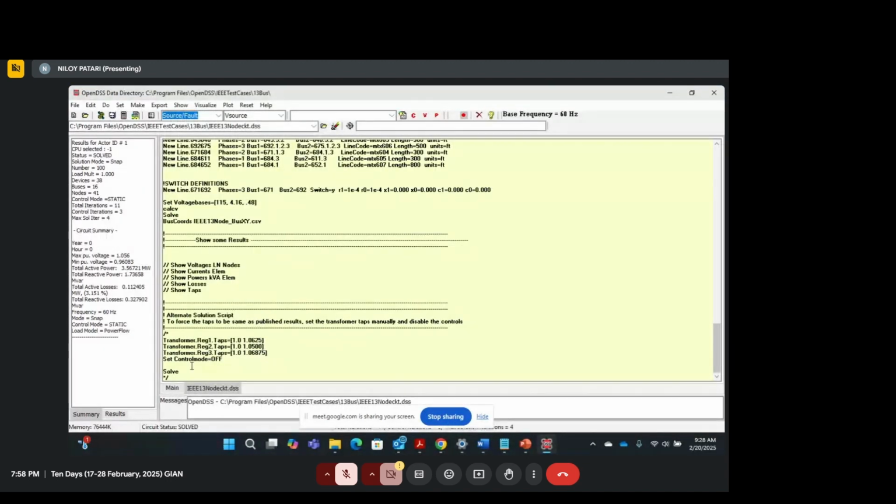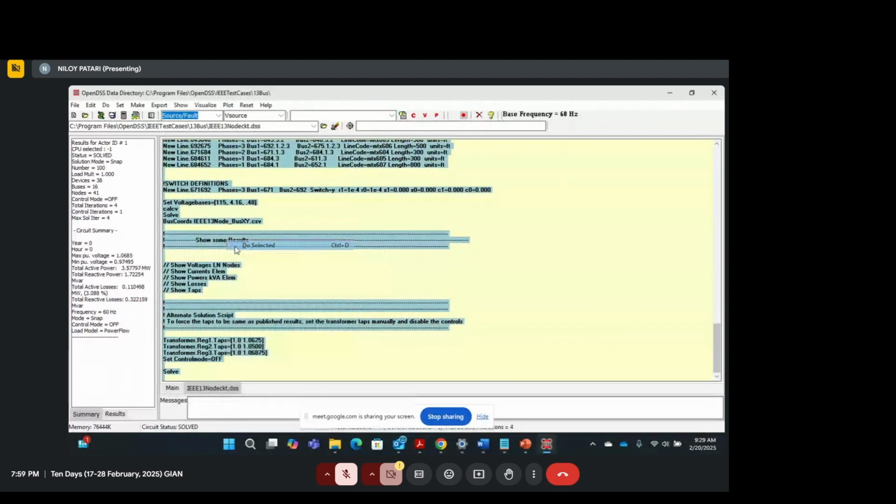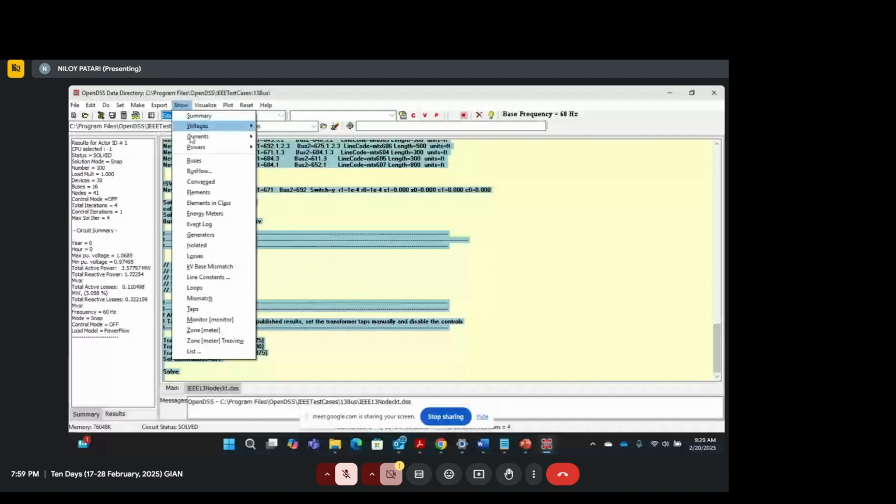So let's keep this, Control A and do a selected. Once you do that, let's see voltages.